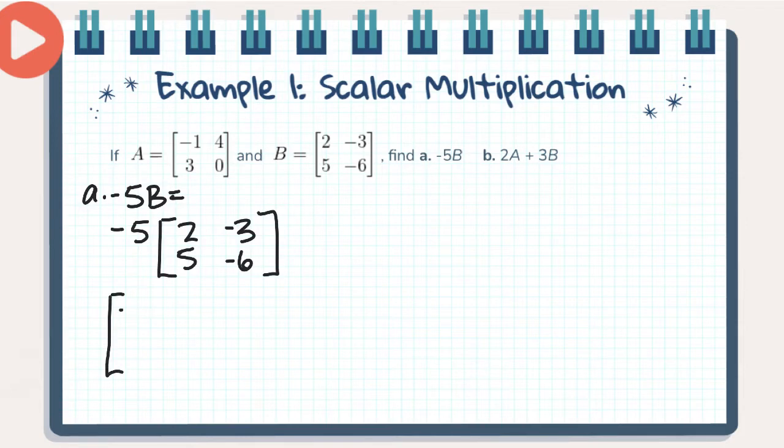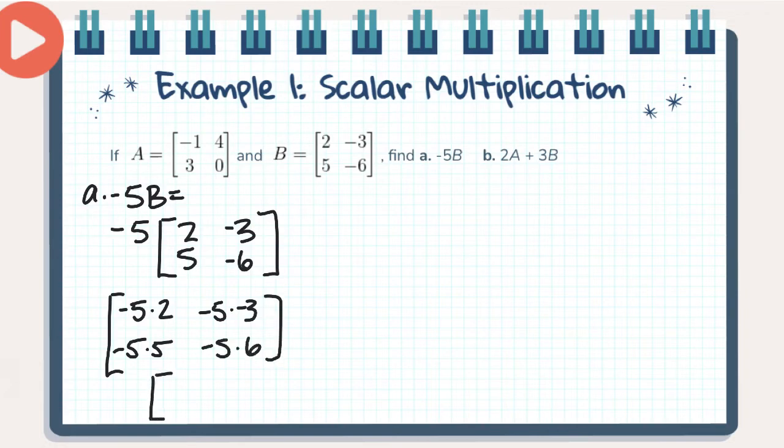So we have -5 times 2, -5 times -3, -5 times 5, and -5 times -6. And that would all simplify to be -10, 15, -25, and 30. And that is our final answer.